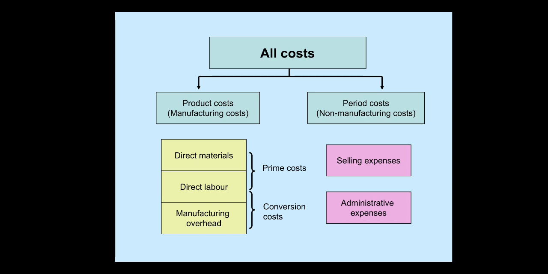The salary is admin expense because the accountant does not involve in the activity to sell or to get orders from customer. Okay, so if I give you a list of costs, you have to know which one is non-manufacturing cost, which one is manufacturing cost, which one is direct material cost, which one is direct labor cost, which one is overhead cost, which one is admin cost, which one is selling cost or selling expense.